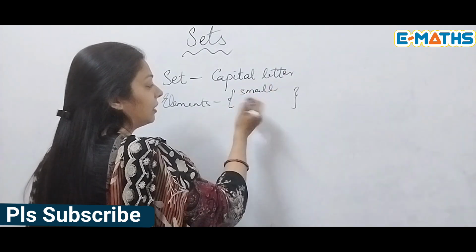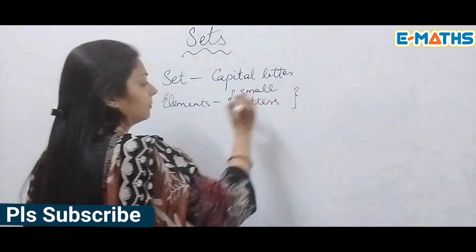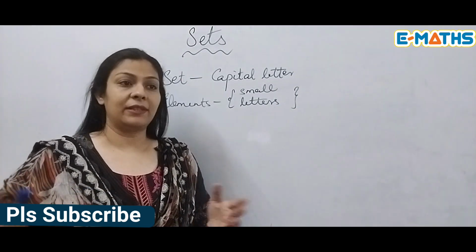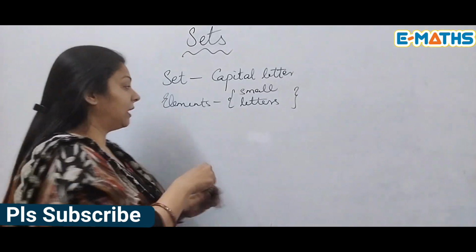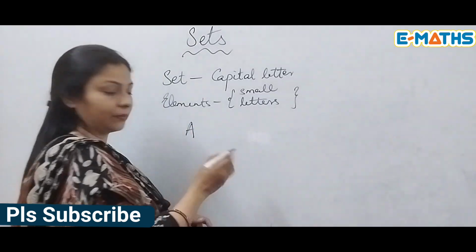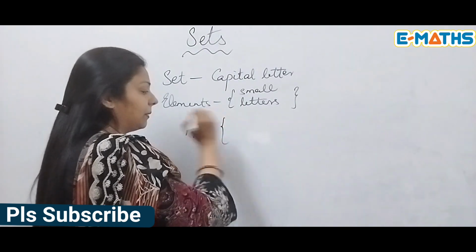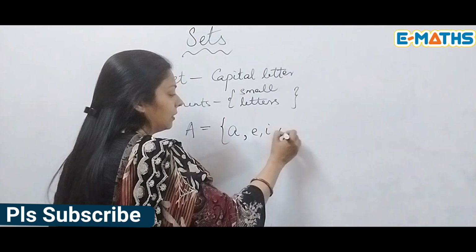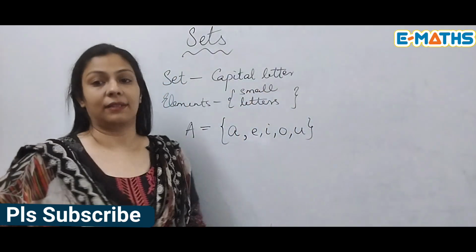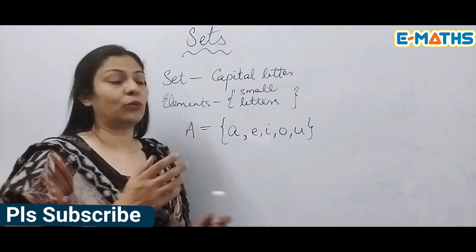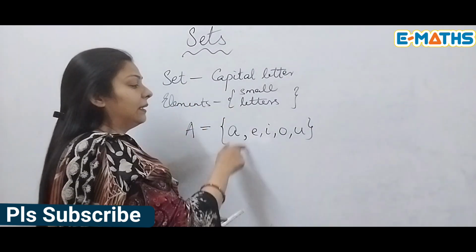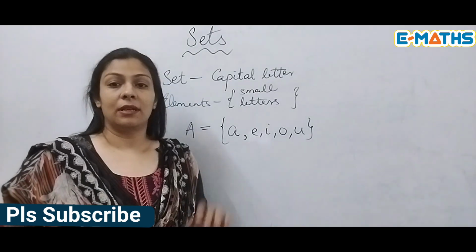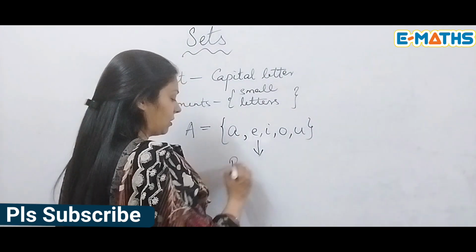For example, for vowels in the English alphabet, you name the set with a capital letter equals curly bracket, and the vowels you write will be in small letters, separated by commas. So this is basically the roster method.